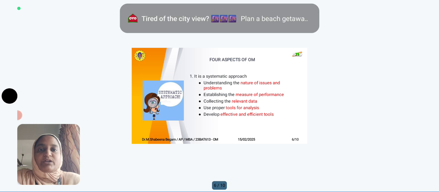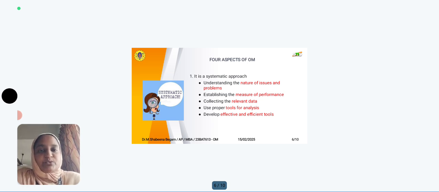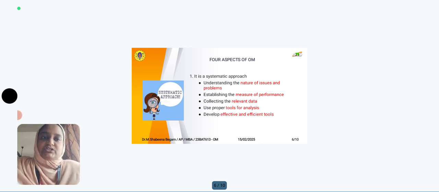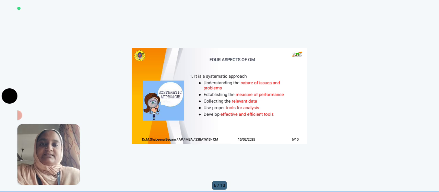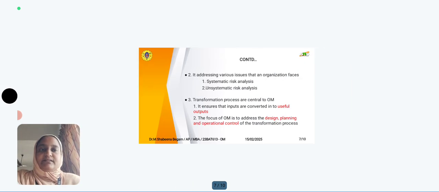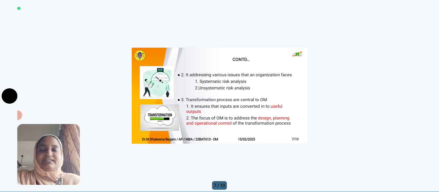What measures can support us and help us come out of such a problem easily? There will be many options, out of which we select the one that is perfect for the situation. Then we use proper tools for analyzing, and develop efficient and effective tools to construct an effective, value-creating output.